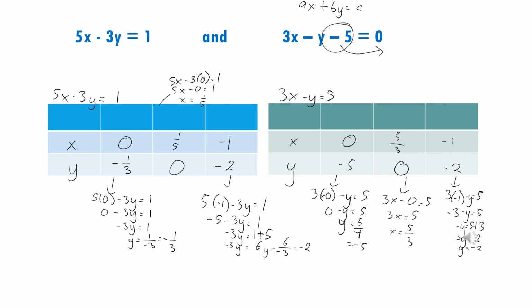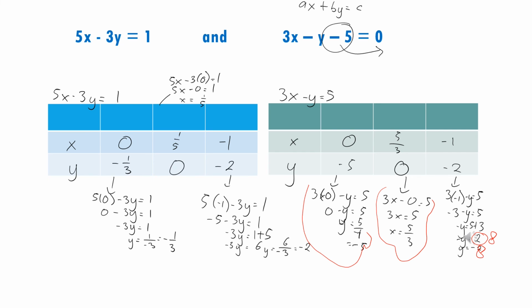Okay, let's recalculate. From this one, yes, this is correct, and this one is correct, and this is, let's see, look, 5 plus 3 equals 2. Must be, yes, 5 plus 3 equals 8. So it will be minus 8.